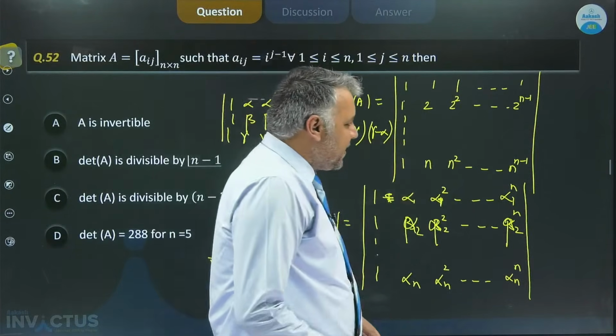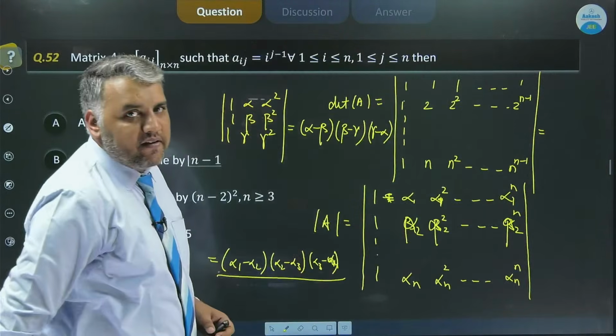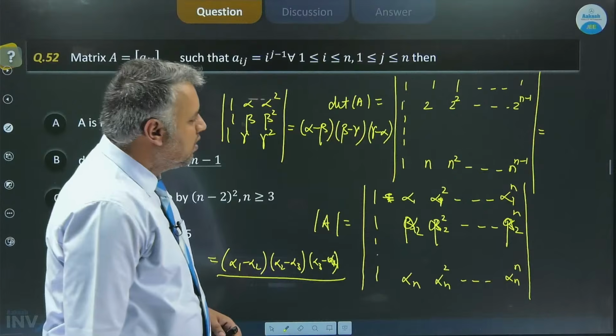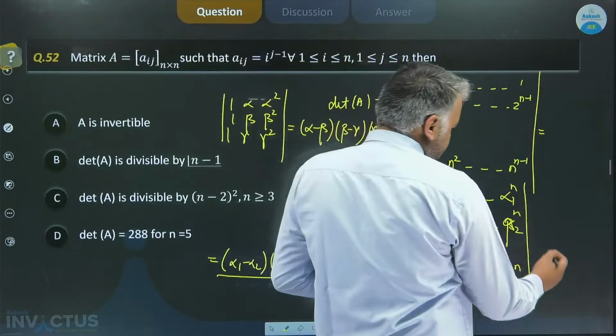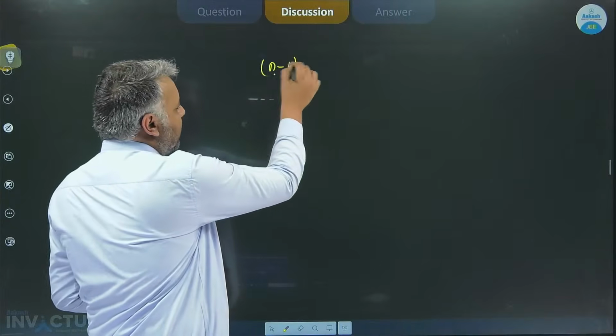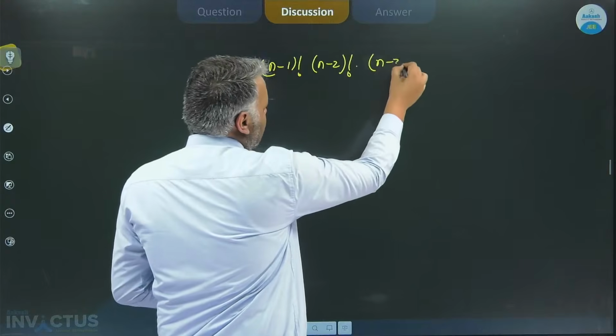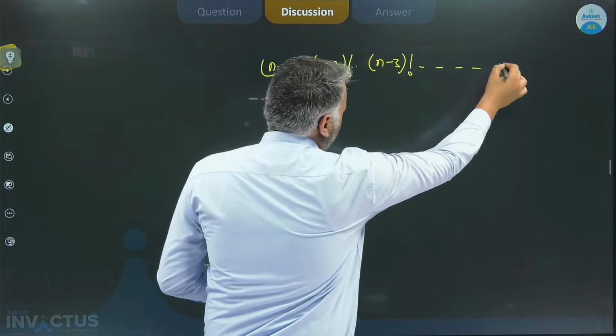So this can be expressed as the difference of any alpha i and alpha j. So finally, if we solve it, this will be n minus 1 factorial, n minus 2 factorial, n minus 3 factorial, and so on up to 1.